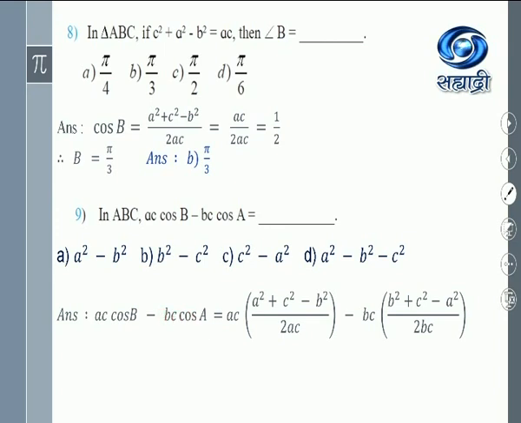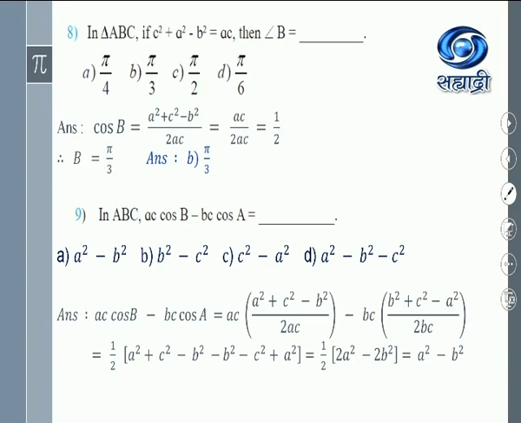This BC cos A. BC as it is, and cos A is (b² + c² − a²) upon 2BC. Right? Now this AC and this AC gets cancelled, and in the second term BC and BC gets cancelled. So we are left with what? 1 upon 2 is common to both the brackets. So we take 1 upon 2 outside, right? And the terms in the bracket are a² + c² − b² from the first bracket.